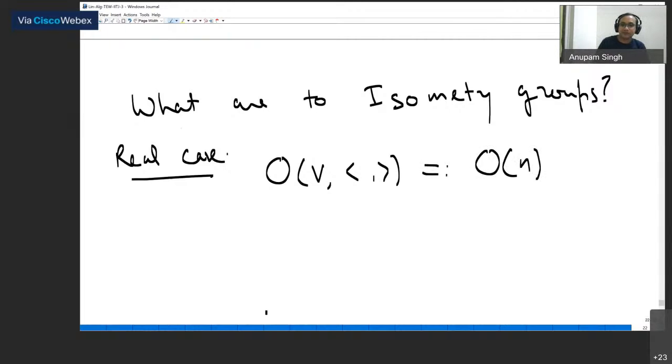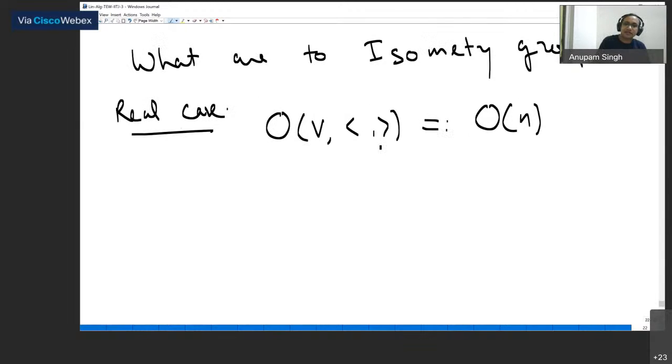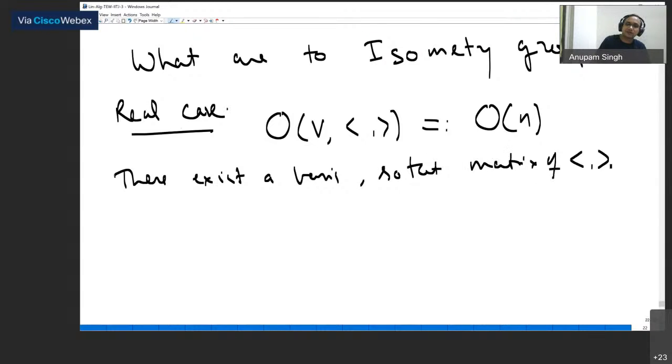And I just said that there is always a basis which makes this identity. So in matrix version, there exists a basis so that the matrix of this is identity.